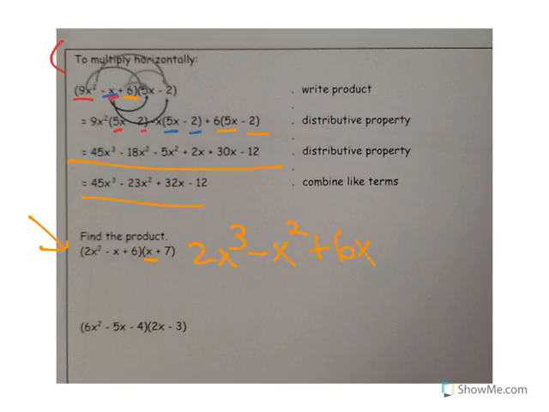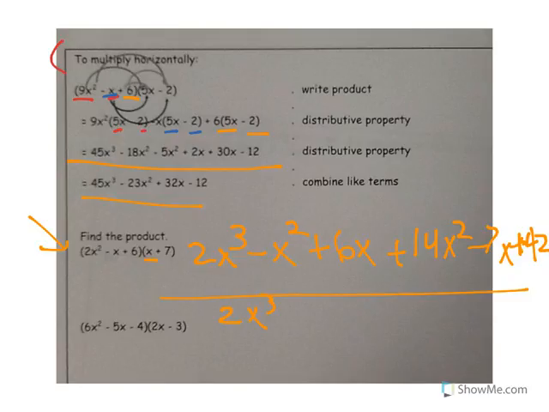Then we got that 7, so it's going to be plus 7 times 2x is going to be 14x squared. 7 times negative x is going to be negative 7x. And then 7 times 6 is 42. So when we combine the like terms, we see, well, we got 2x cubed.